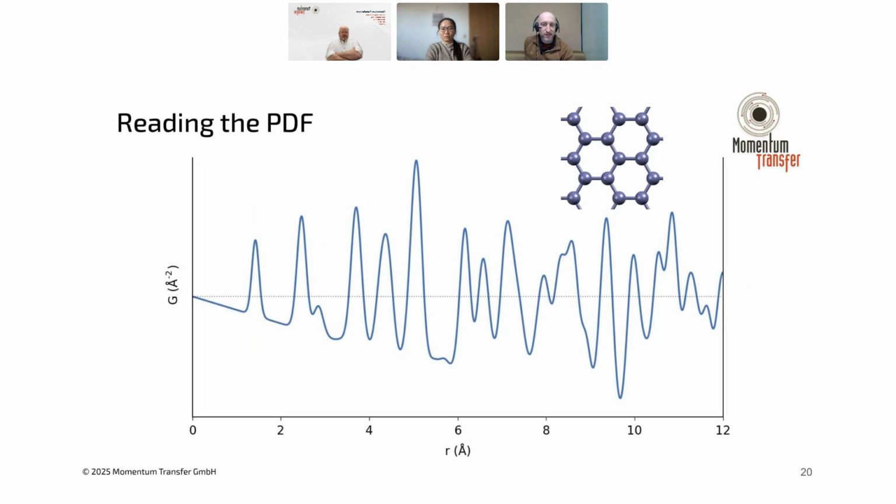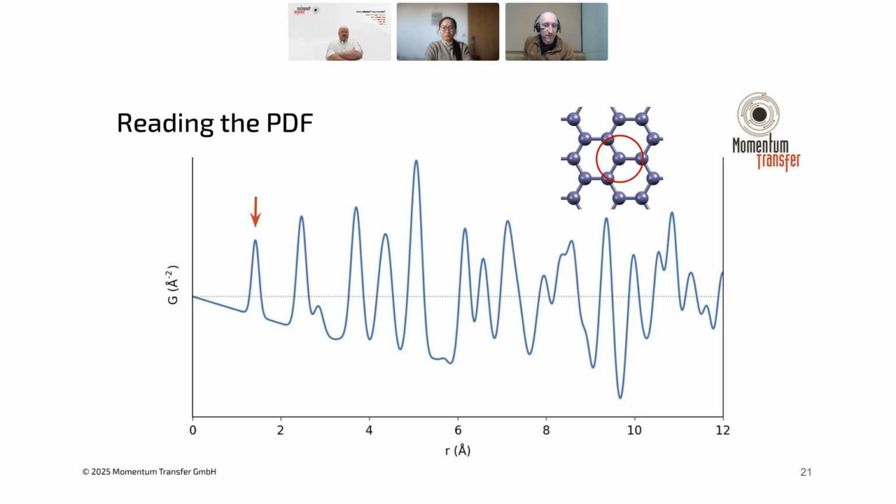Essentially, the PDF is a scaled, modified histogram of atomic pair distances in your material. If I sit on any given atom and look out into my local environment and travel in a spherical shell, as soon as I hit the next atom, I register a unit of intensity at the distance between myself and that neighboring atom.